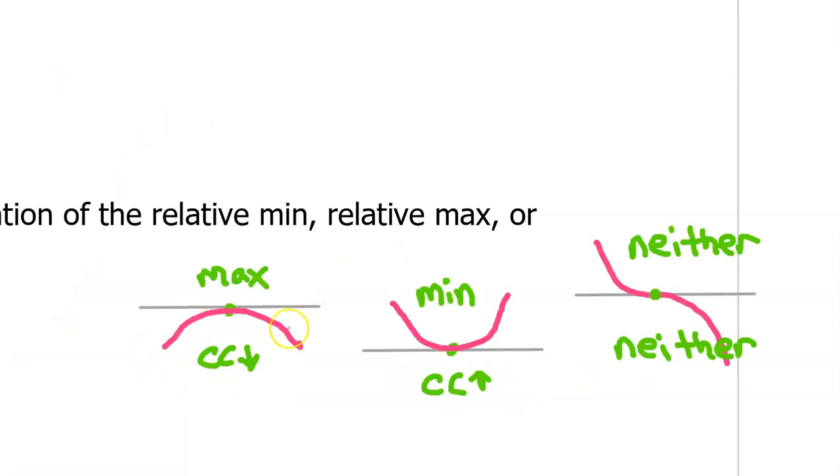If the curve is concave down, then the point of tangency is a relative max. If the curve is concave up, then the point of tangency is a relative min. If the curve is neither concave up nor concave down, in other words, if there's a point of inflection, then that's going to be neither a max nor a min.